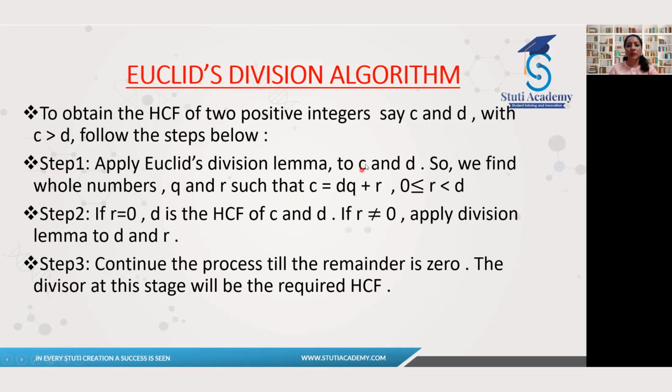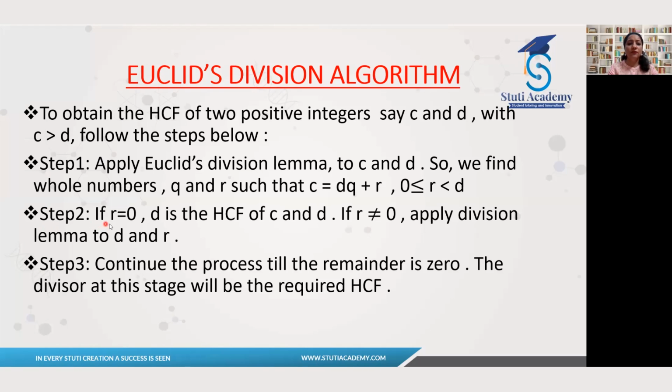Which means if we have numbers c and d, with c strictly greater than d, we are going to divide c by d. And then we are going to get dividend is equal to divisor into quotient plus remainder, and the remainder would be strictly less than the divisor.